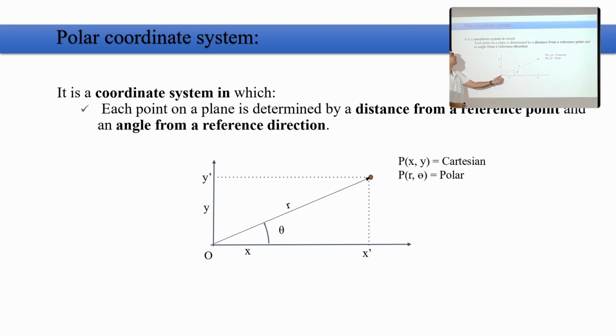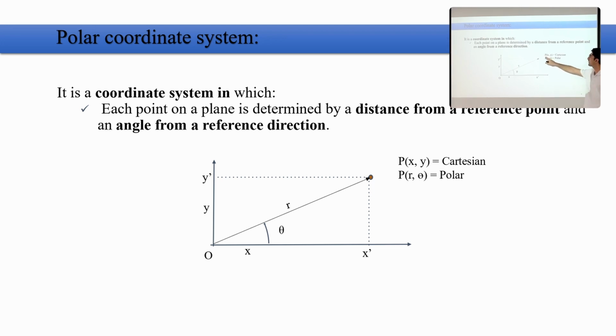So instead of indicating this point over here by x and y, we can say that in the polar coordinate system, the distance from the center and the angle from the coordinate system's (0, 0) center point can represent our point on the map that we have.